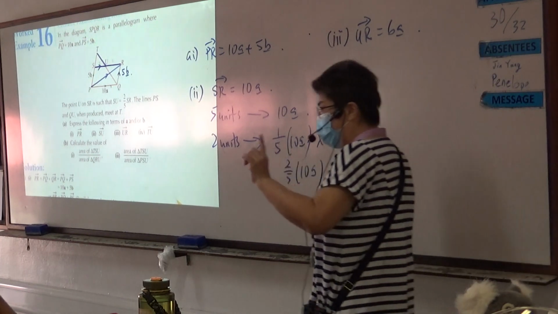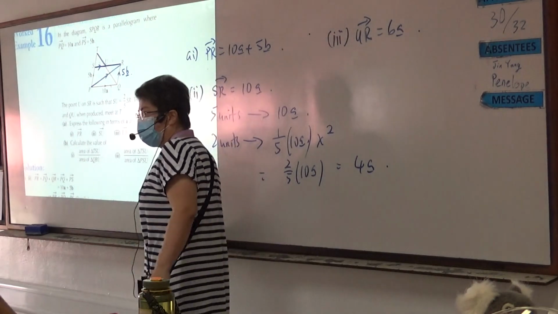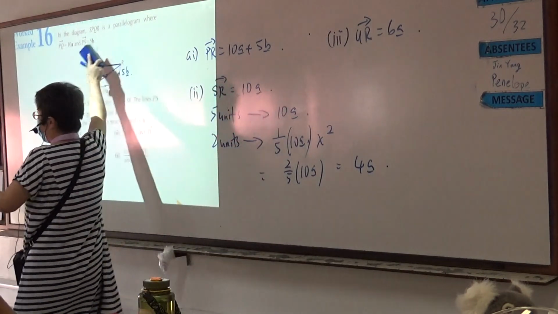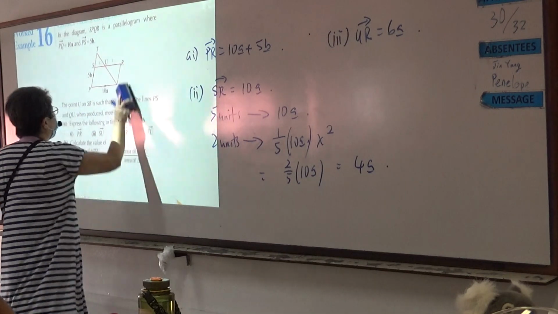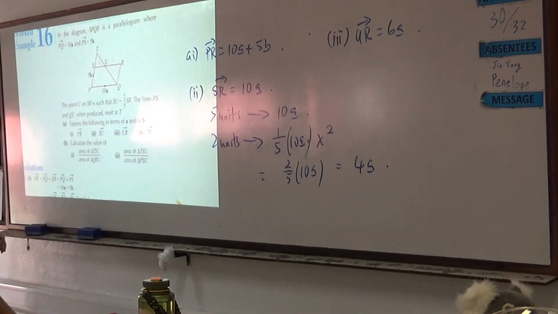Can you see this is difficult already? Can you see what I'm talking about here? Okay, all of you, can I clean all this so that it's not so confusing? Okay, they want to find TU.